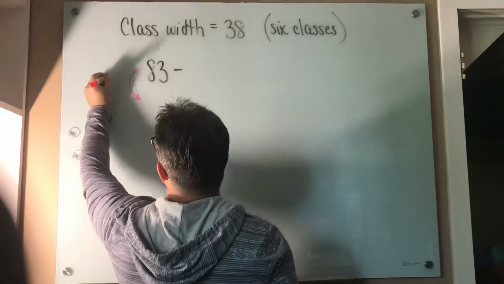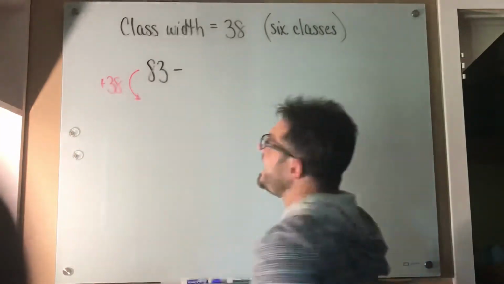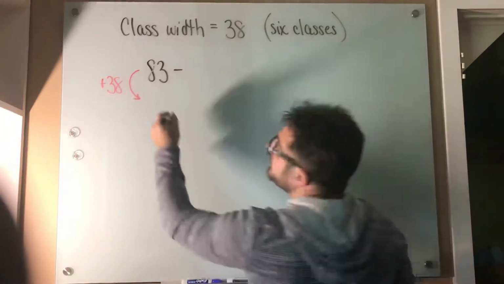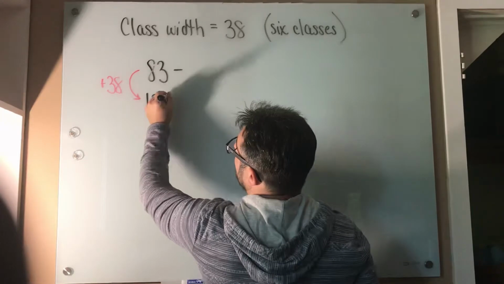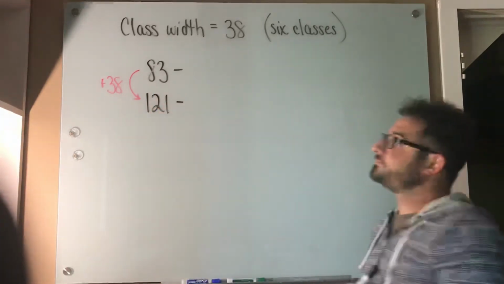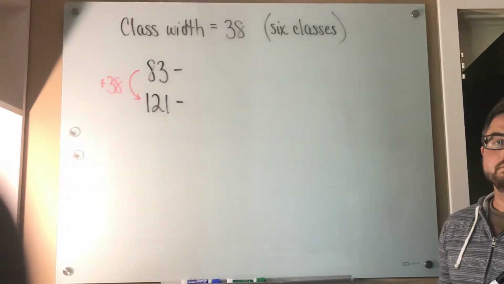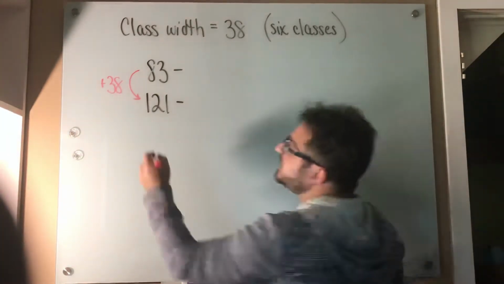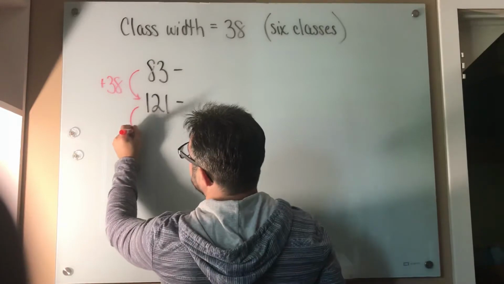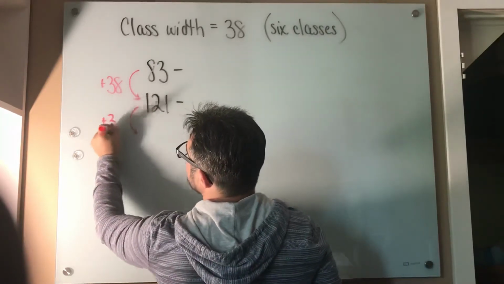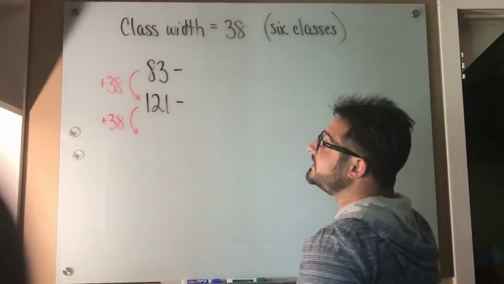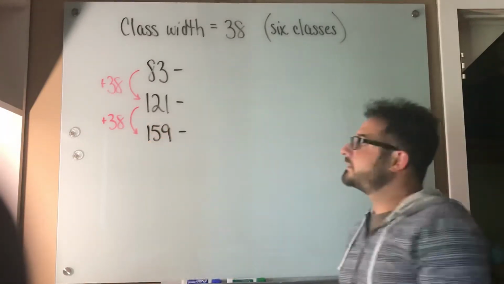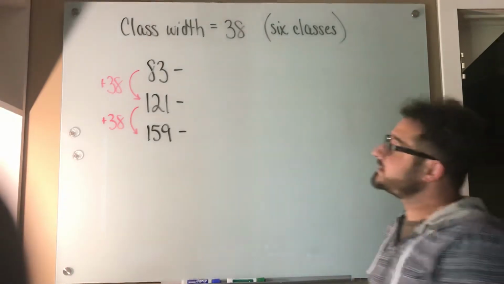is take the class width and add it to the lower limit of the first class in order to get the lower limit of the second class, and so on down the line. If we keep adding the class width, it will keep telling us the next lower limit, and so on.